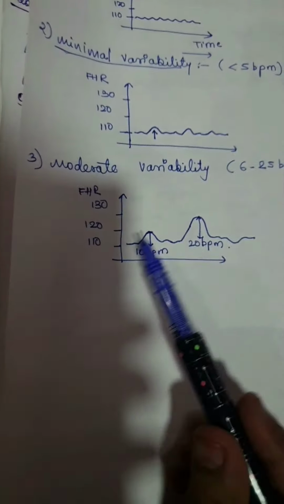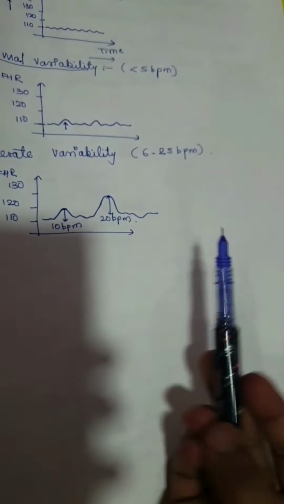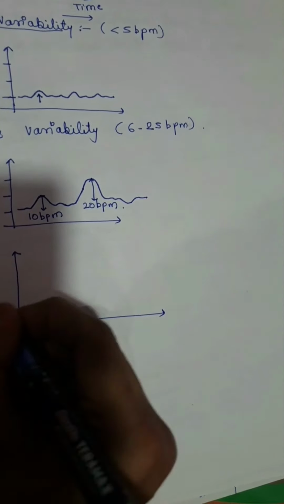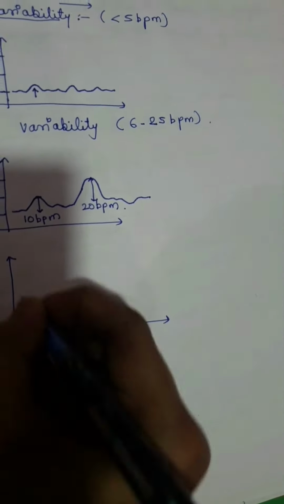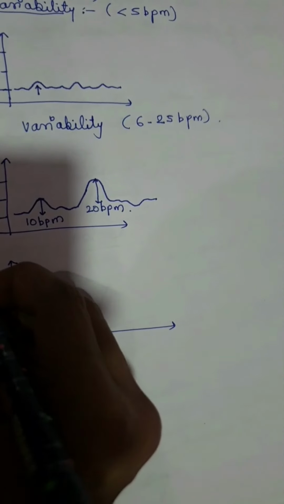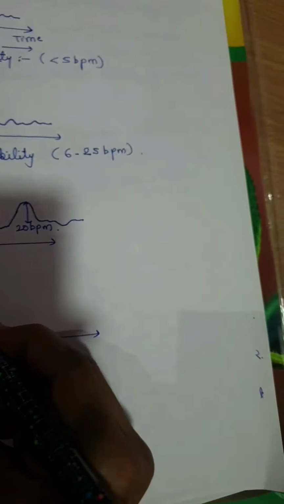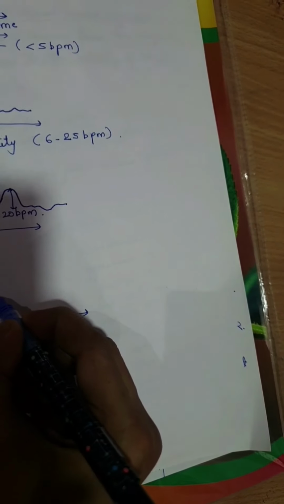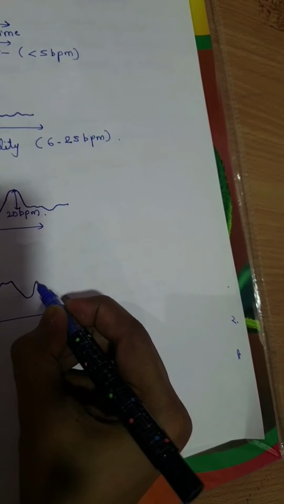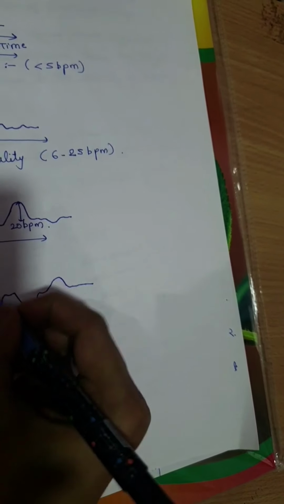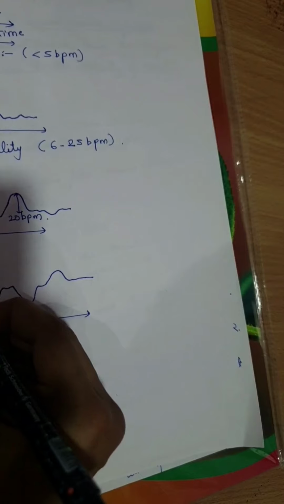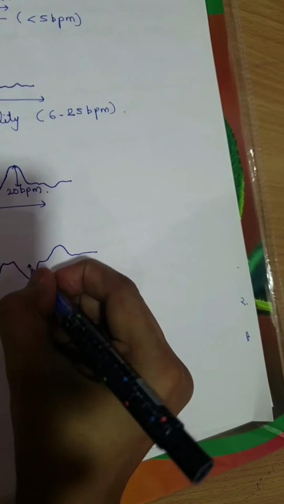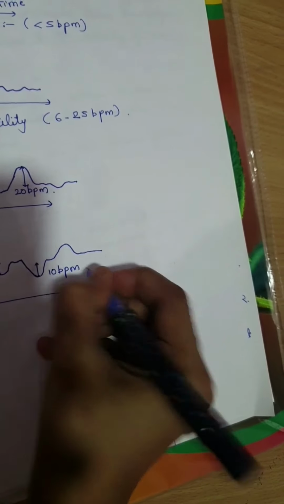Now this I have shown in the upward direction. This can occur in the lower form also. See, this is 100, 110, 120 and so on. So if the baseline is between 110 to 120, this can also occur. Here also you can see the variability of 5 beats per minute and here 10 beats per minute.